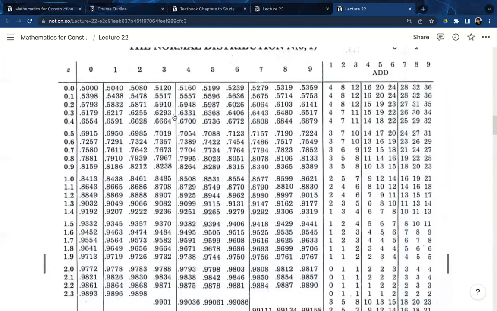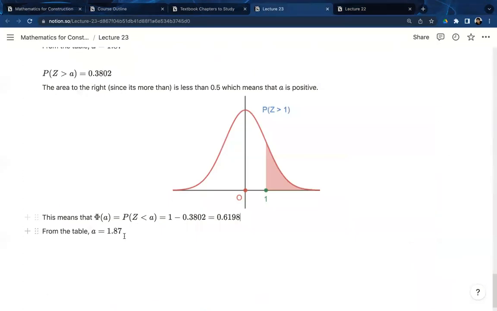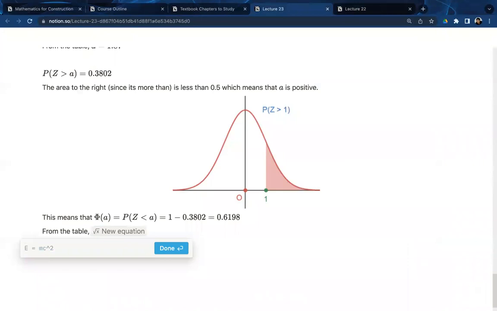Look, 61, 79. I have 61, 79. 79 on how much makes 98? 19. So look the 19 here, right? So 0.305. 19 is the 5 column. 0.305 from the tables.